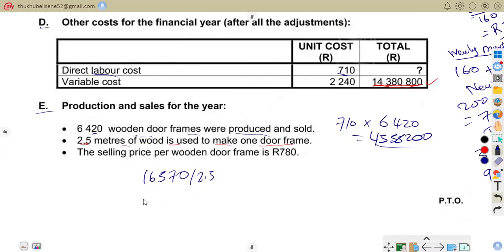So this will give us 6,628. This is our expected material.